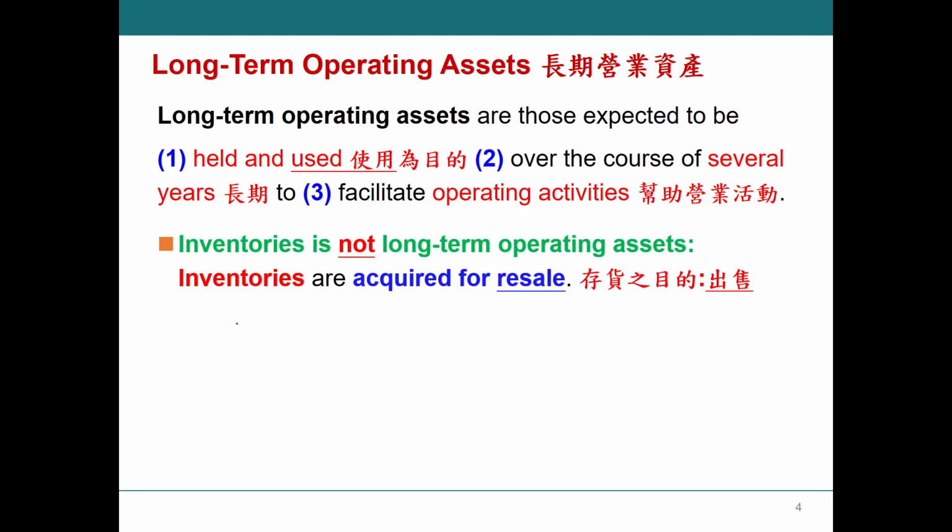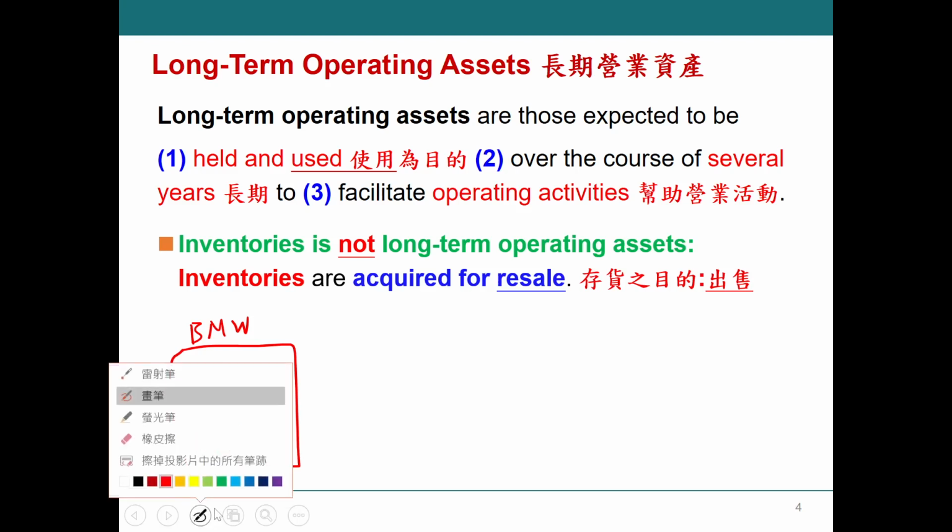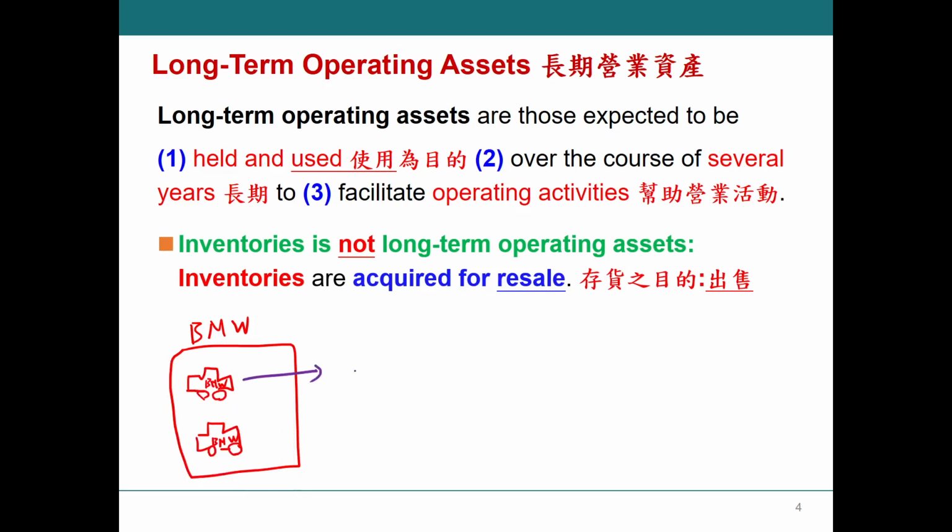For example, if I told you BMW company has 2 cars. This first car, BMW is going to use for managers.